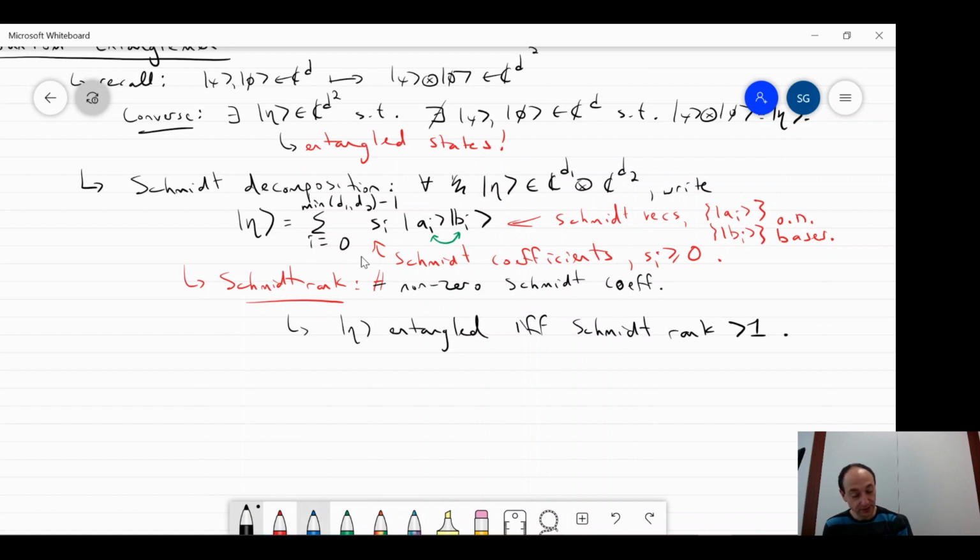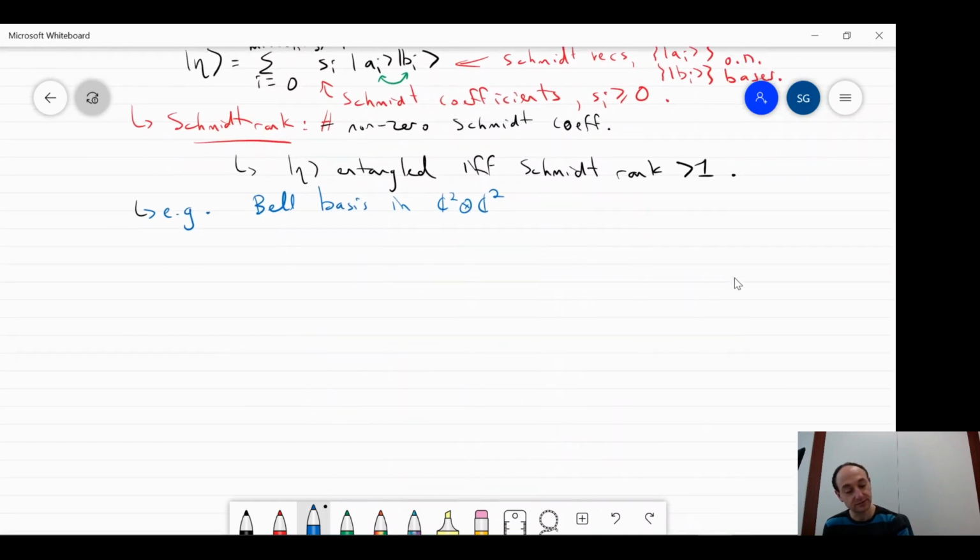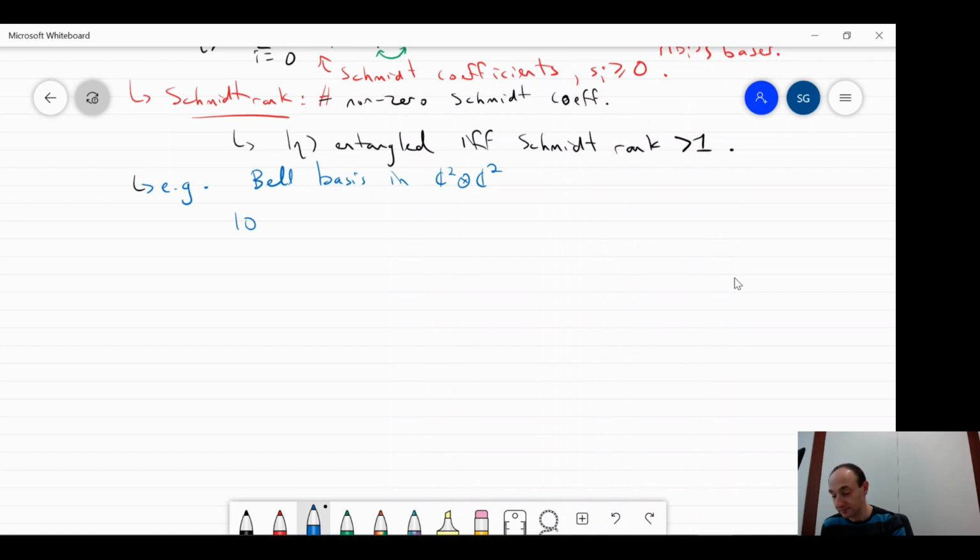Okay, and so the canonical example of entangled states, at least on 2 qubits, are the Bell basis in C^2 tensor C^2. These are worth seeing because we will go over these, we will use them. So phi plus is 1 over root 2 times (00 plus 11).